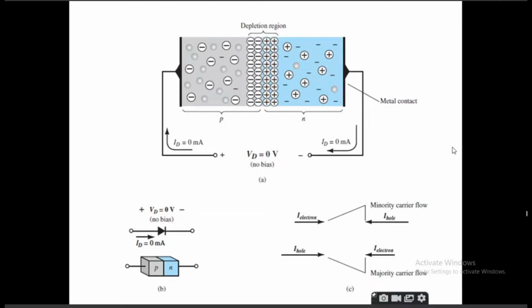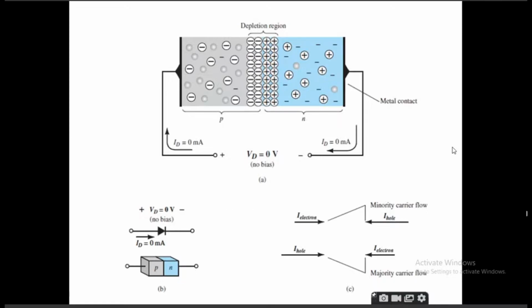What are these minus signs on the P side? Anybody else?